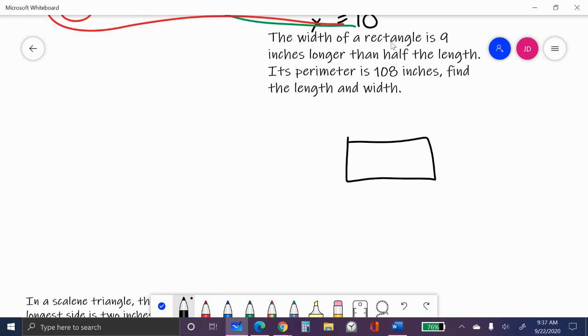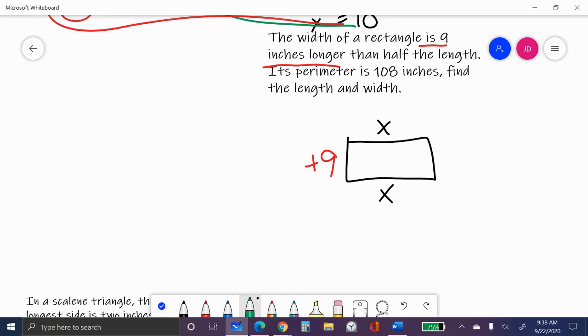The width is 9 inches longer than half the length. So we don't know what the length is. When it doesn't label the length for us, we just call it x. 9 inches longer than means you add 9 to whatever comes after that, half the length.